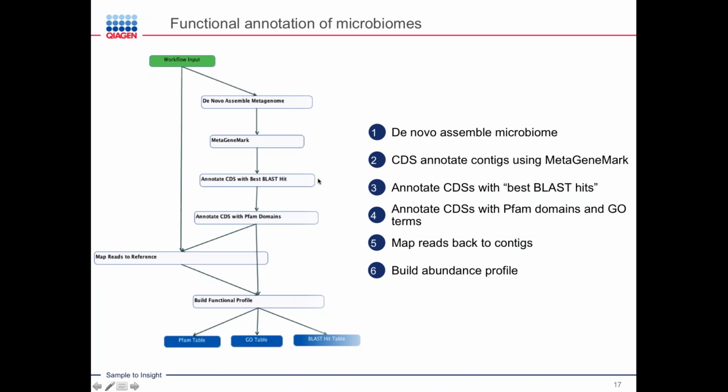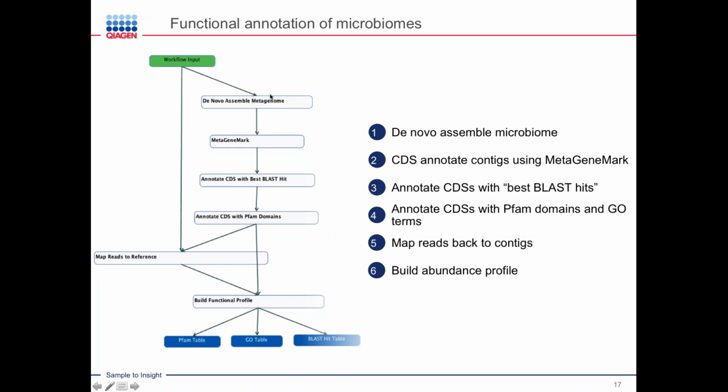Then we take those genes and annotate with function, and in order to do that, we can either annotate using BLAST hits, so using any DNA BLAST database you would like, or we could annotate it with Pfam domains using the standard Pfam database.